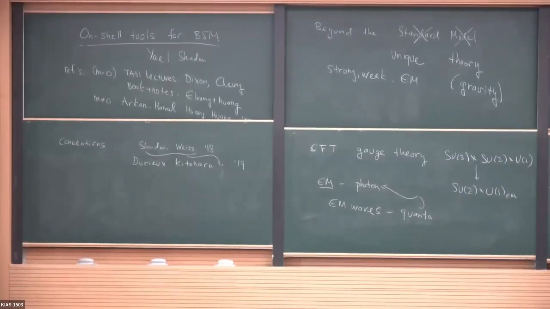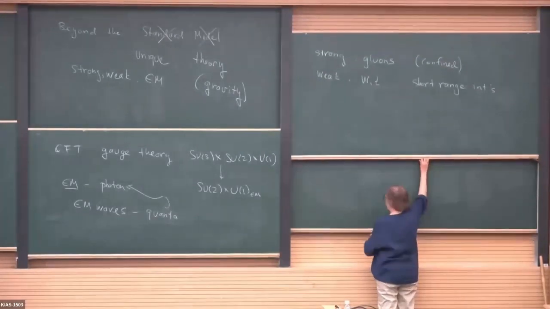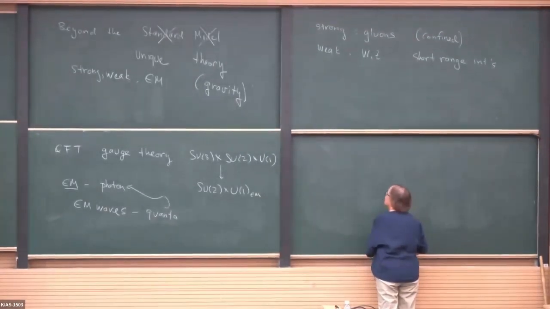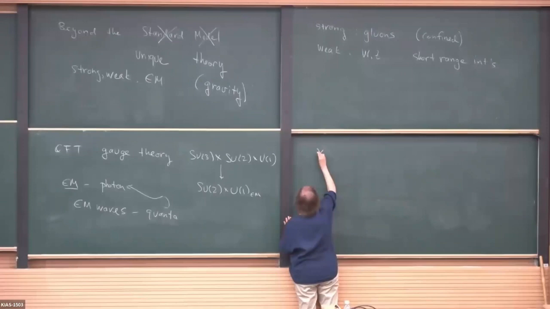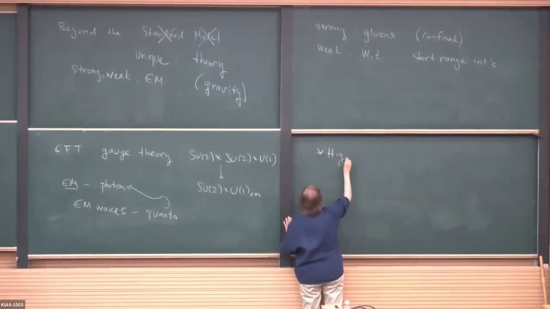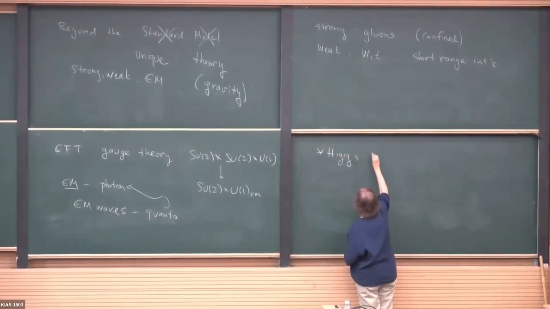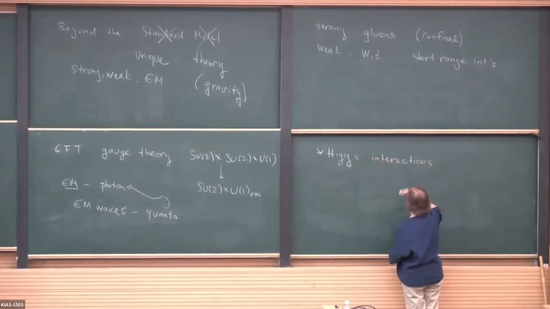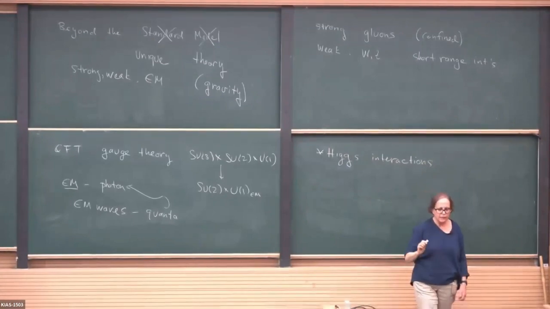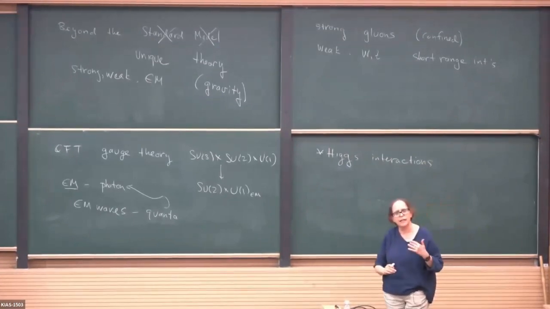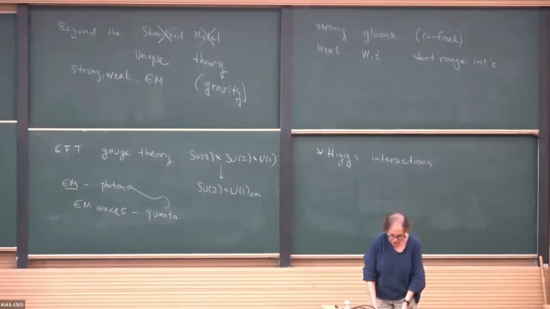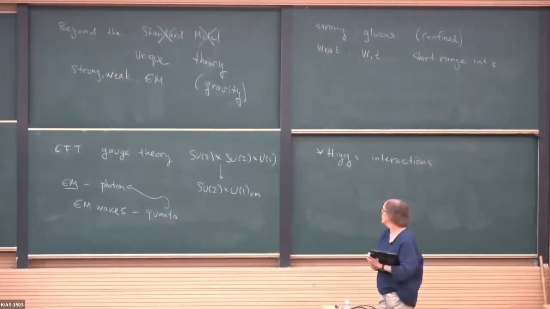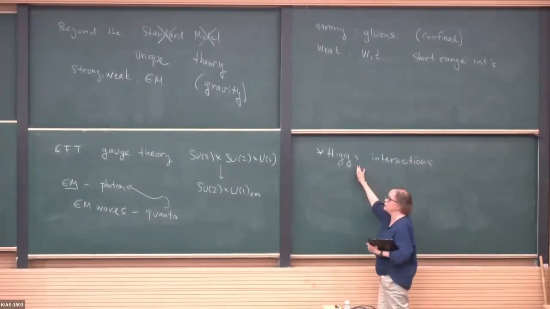Okay. So on top of these gauge interactions, we have something completely different, which is the Higgs field. And coming with the Higgs field, we have the Higgs interactions. And I think this is sometimes something that we take too much for granted. These interactions are of course mediated by the Higgs field.